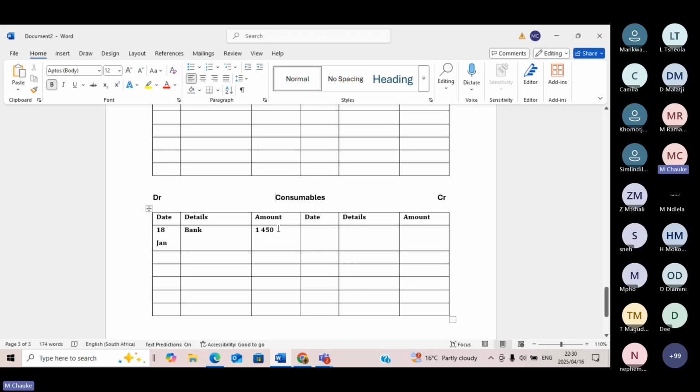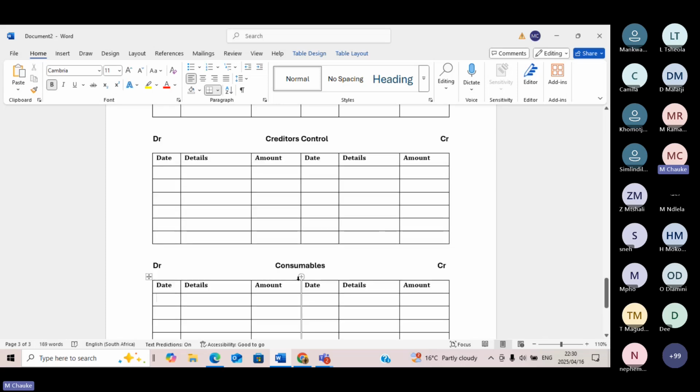And then remember, consumables are expenses, so they increase on the debit side. Creditors are liabilities, they increase on the credit side.